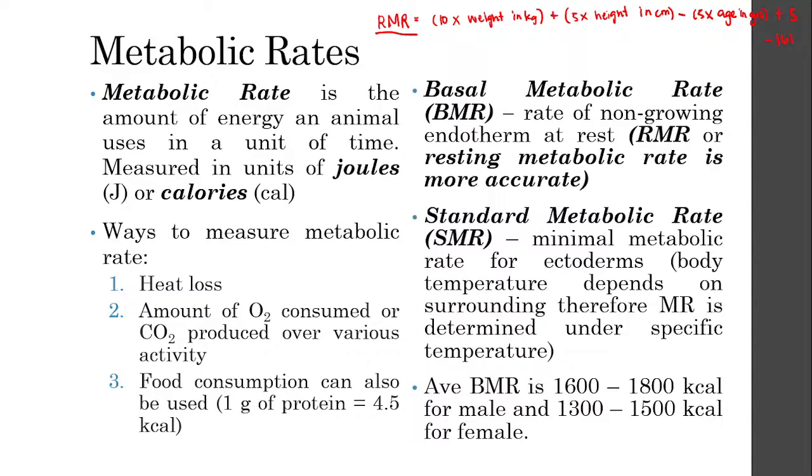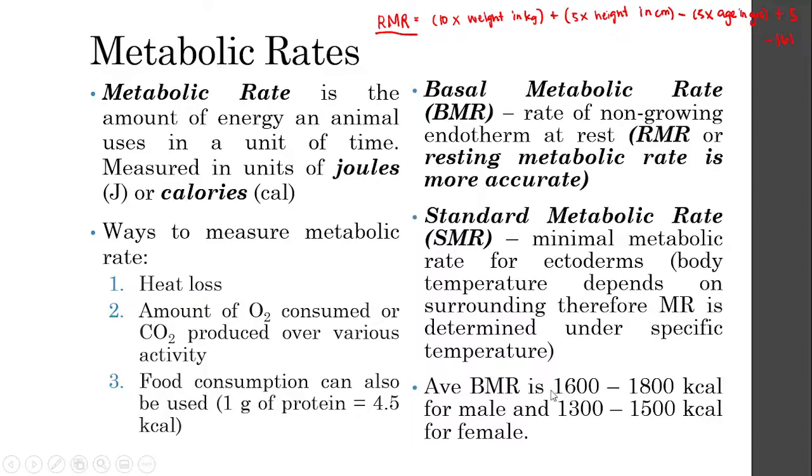Measuring the average BMR, or the average rate across all humans, we need about 1600 to 1800 kilocalories for males, and about 1300 to 1500 kilocalories for females. This is the average amount of energy a person needs in order to survive, or you can also think of this as the amount needed to maintain your weight.